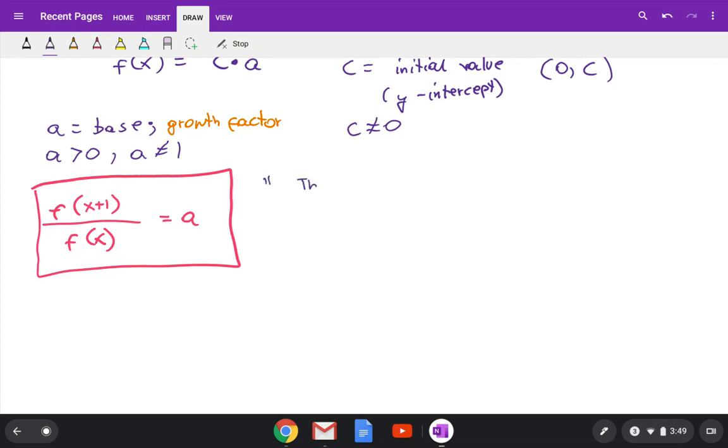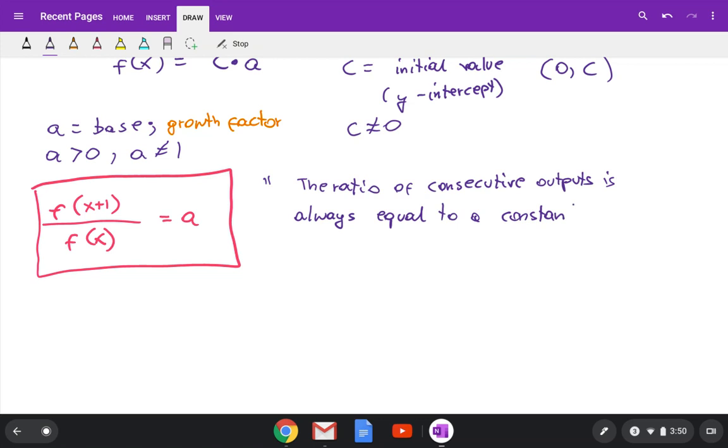This is the theorem: the ratio of consecutive outputs, which means y values, is always equal to a constant a.